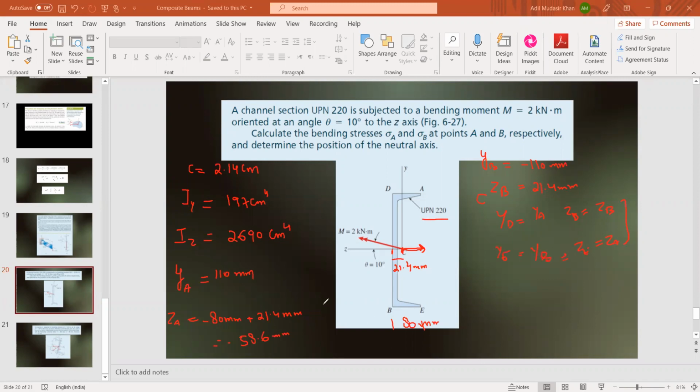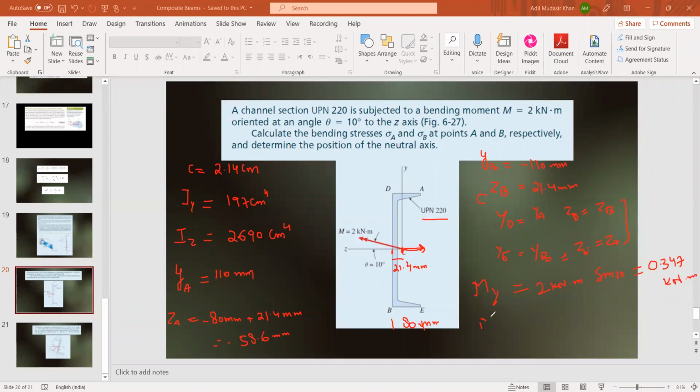Now look at the moment M. It can be resolved into two components. My will be equal to 2 kilonewton meter sine of 10 degree, so My comes out equal to 0.347 kilonewton meter.